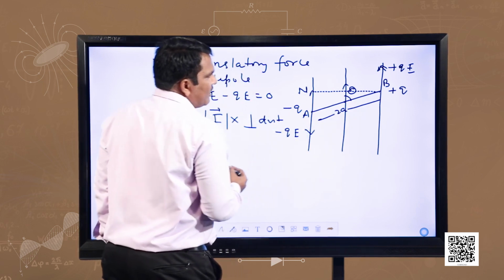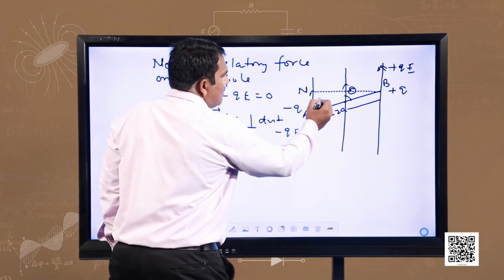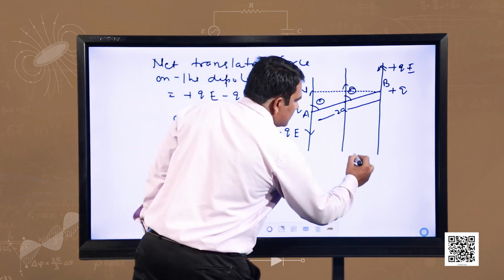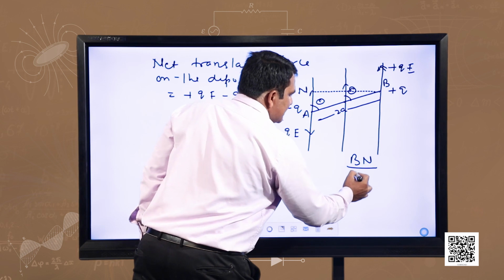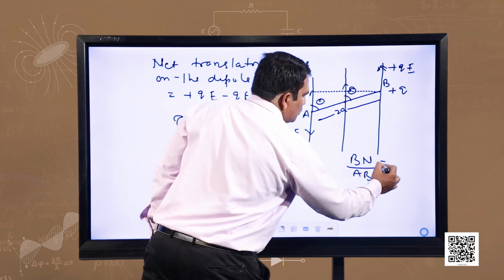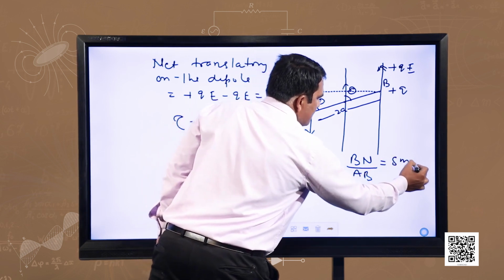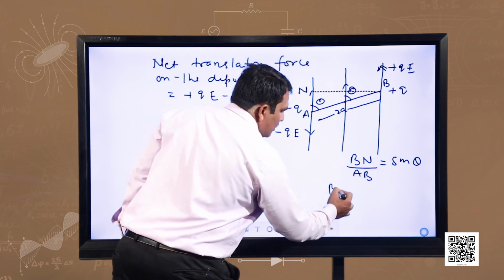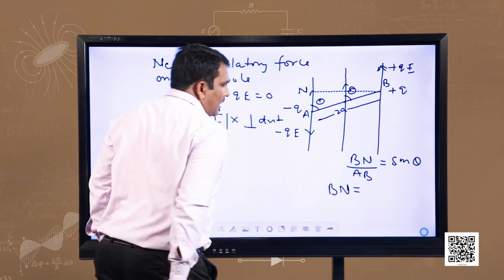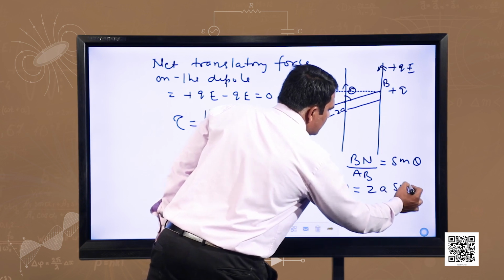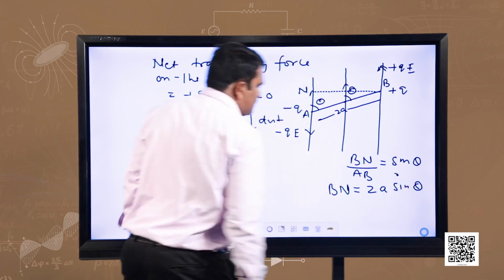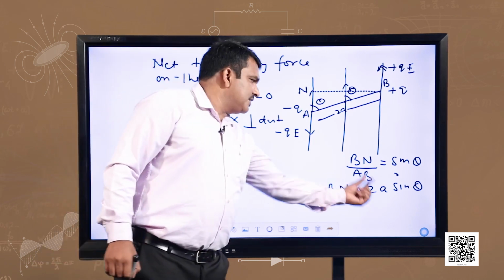This will also be theta, and BN upon the length of the dipole, that is AB, is equal to sin theta, so BN is equal to AB sin theta, and this AB is 2a, which is the length of the dipole. So, the perpendicular distance becomes 2a sin theta.